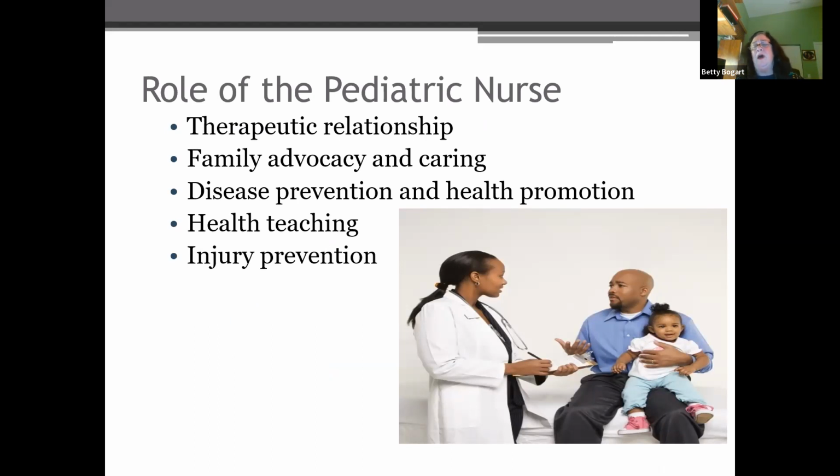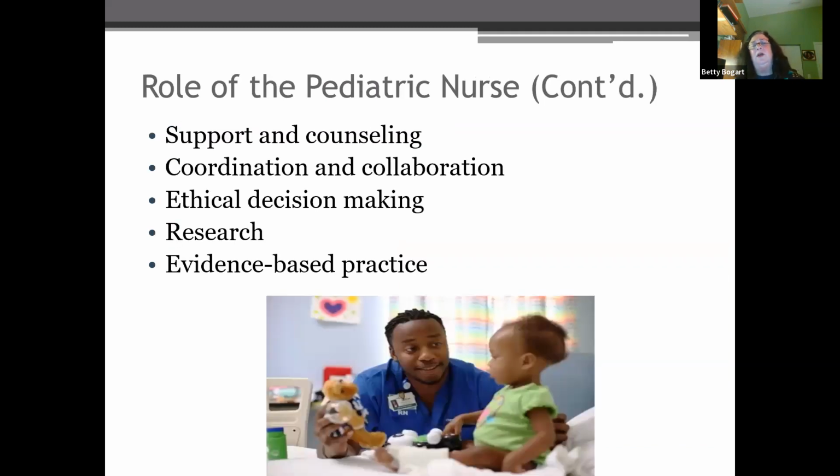Most of the time I'm teaching and telling them what they need to do, how to get the kid home, and I'm helping them to help me take care of their child, and it helps me in the long run. That health teaching, injury prevention, yes, all of that, we need to be a part of. We are there helping them, supporting them, and getting them everything they need to take care of their child properly. It can be exhausting sometimes, but extremely rewarding also.